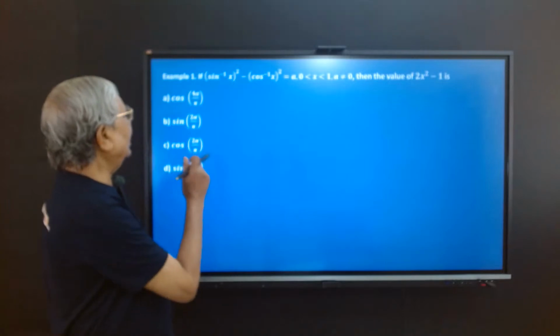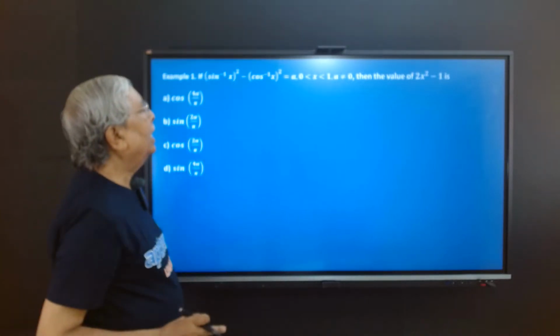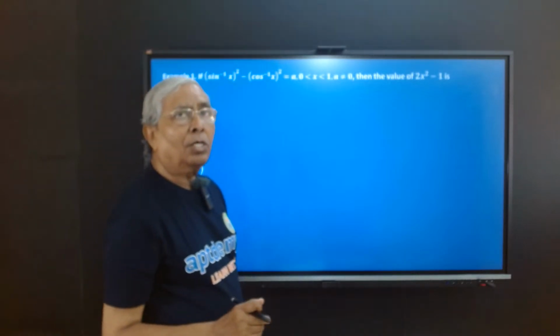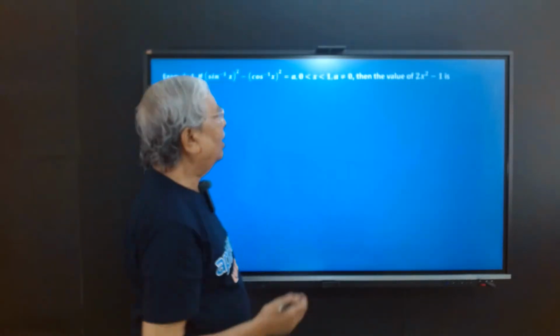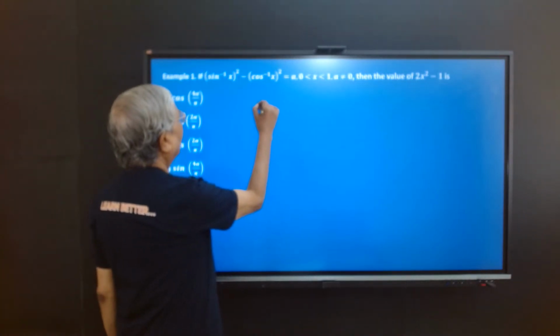So first you are given (sin inverse x minus cos inverse x) whole square equals a. So you can break it using a square minus b square.